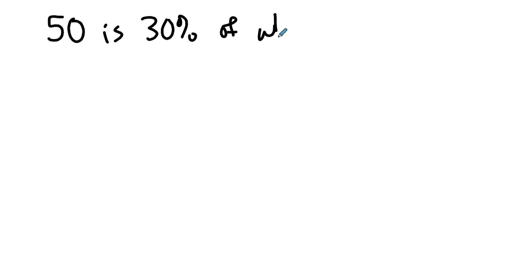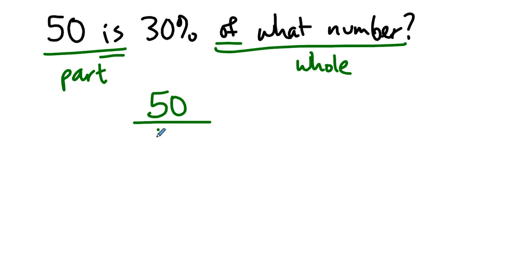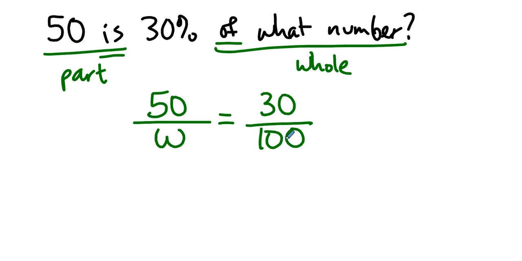Then there's the kind of question that asks, 50 is 30% of what number? This is a scenario where we know what the part is. We're trying to figure out what the whole is. So we know that 50 compares to some whole in the same way that 30 compares to 100.